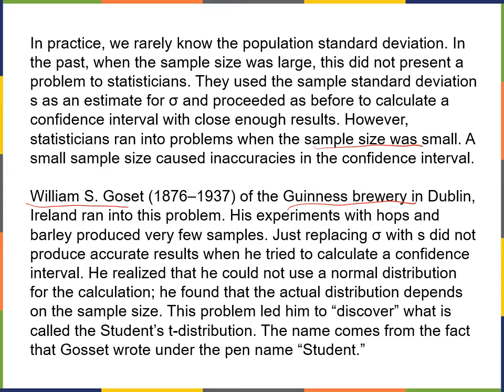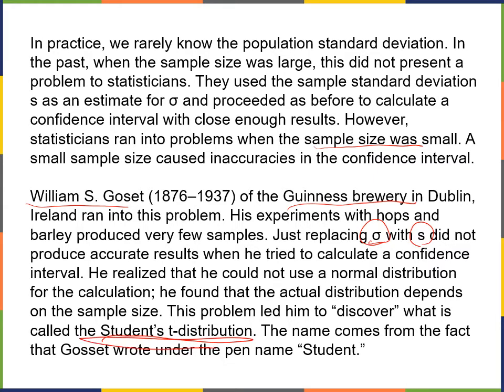And he was looking at small sample sizes. He was just replacing the standard deviation of the population with the standard deviation of the sample, and he didn't get accurate results. So what that led him to discover was that there's something called a student t distribution that we can use.